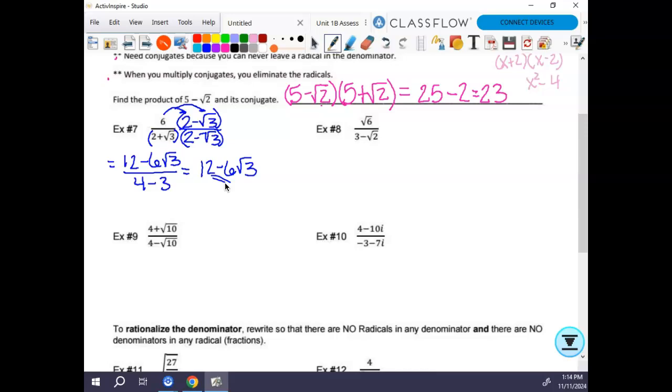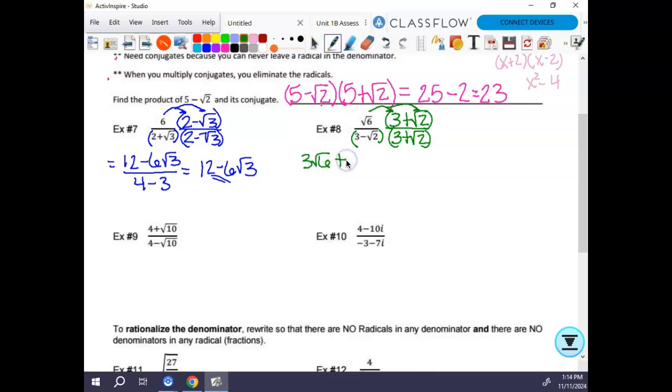All right, so then what am I going to multiply this one by? 3 what? Plus the square root of 2 over 3 plus the square root of 2. Put my parentheses around this stuff so I don't forget to distribute things. And let's see if I can distribute them correctly this time. When I distribute here, square root of 6 times 3 is just 3 square roots of 6.